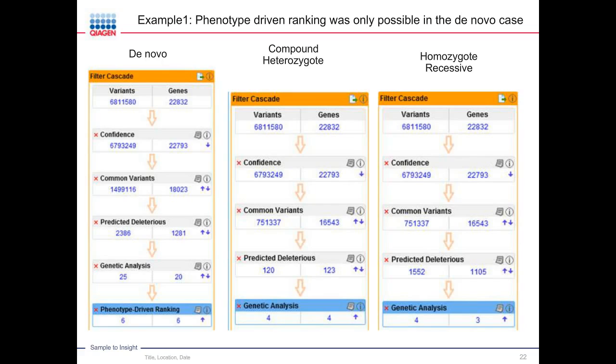It was actually possible to add this filter in just one case, because when this filter returns 0 variants, you cannot add it. When it fails, then you know this actually returns a 0. So this filter could only be added in the case of the de novo variants. And this filtered down from 25 variants to 6 variants, which were somehow associated with one or several of the phenotypes.